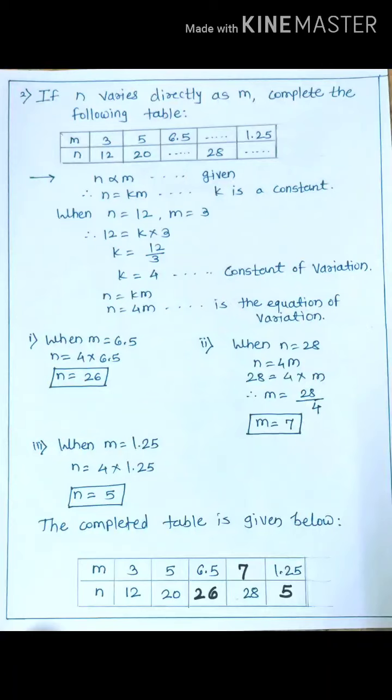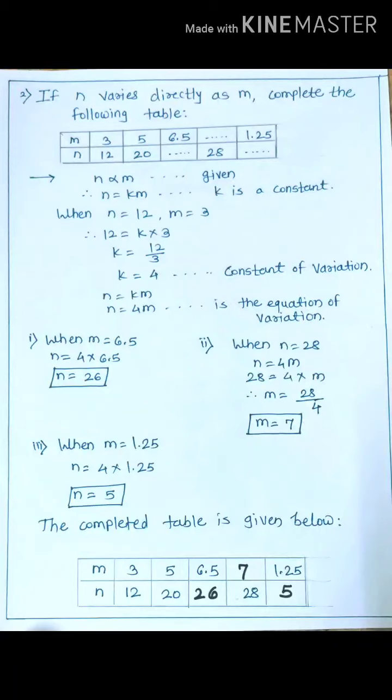Therefore, 12 is equal to k multiplied by 3. So, k is equal to 12 upon 3. k is equal to 4. That is the constant of variation. Now, n is equal to km. So, substitute the value of k as 4. So, n is equal to 4m is the equation of variation.